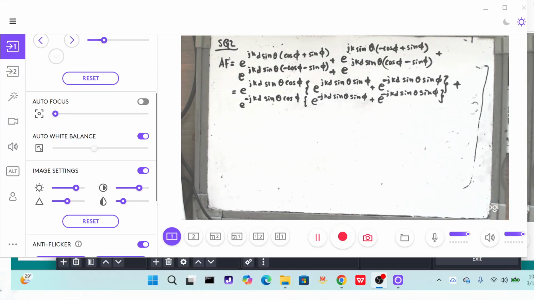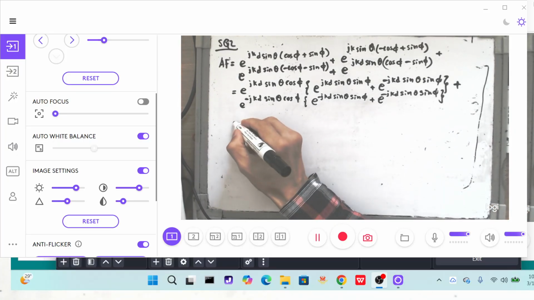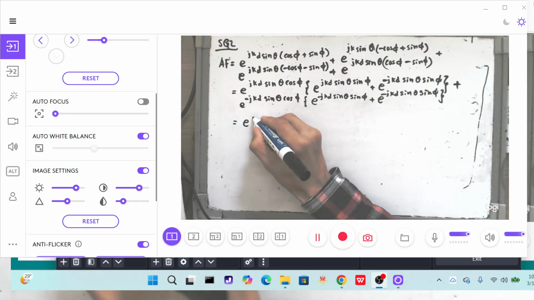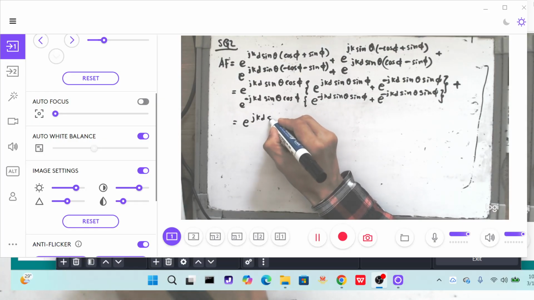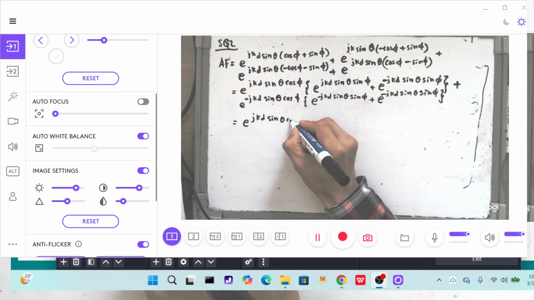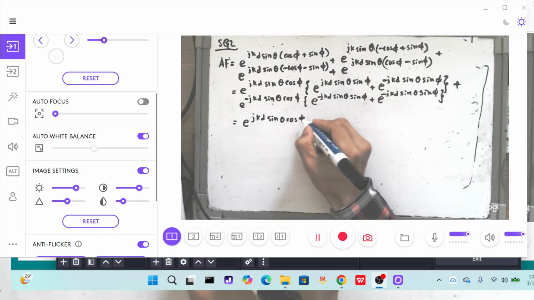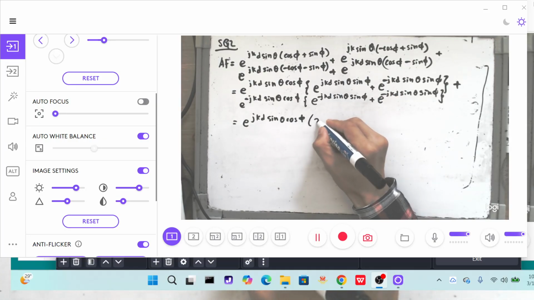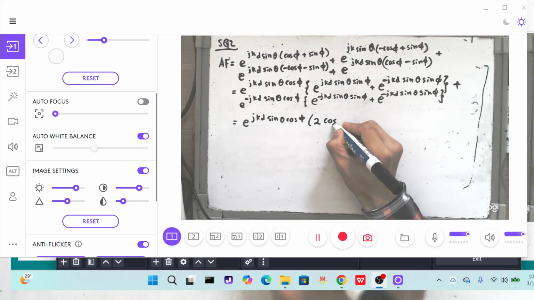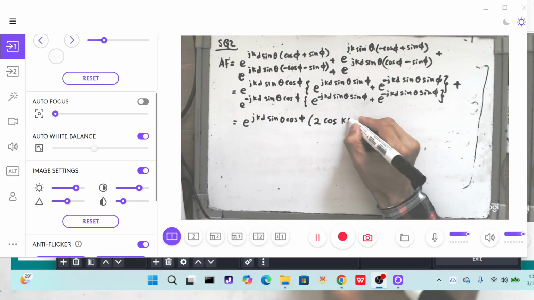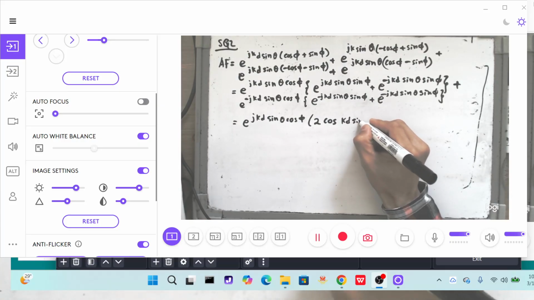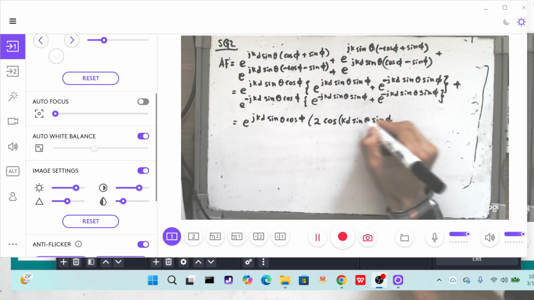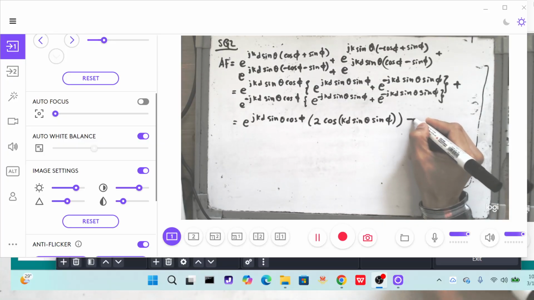We can do it. So the upper one first. First we write down K D sine theta cosine phi, and then this one is going to be 2 cosine K D sine theta sine phi, and then plus.